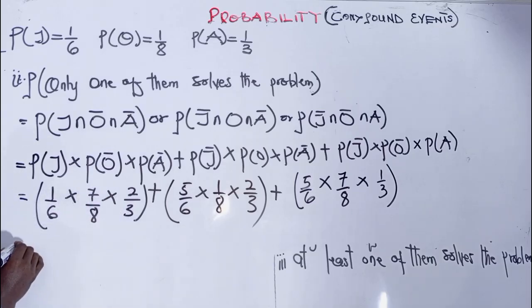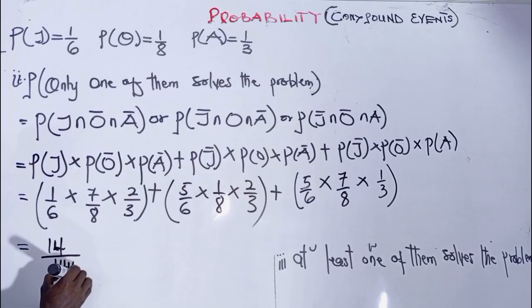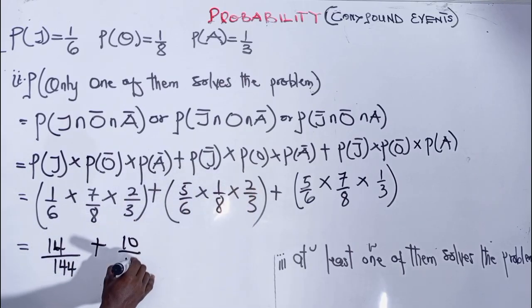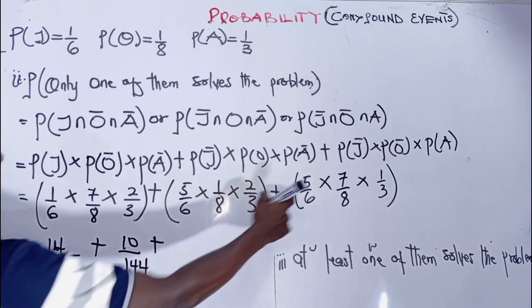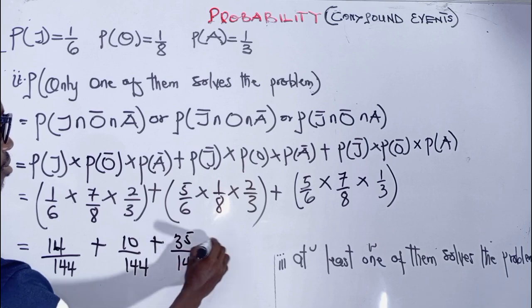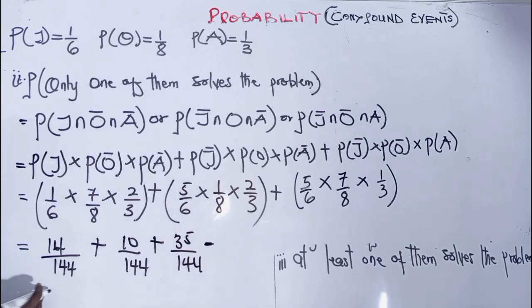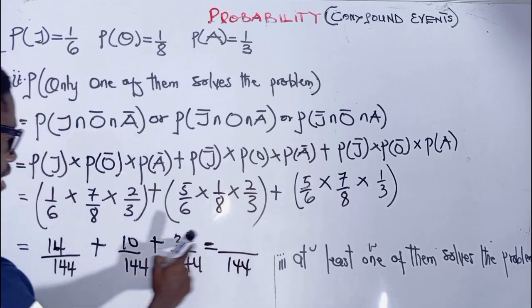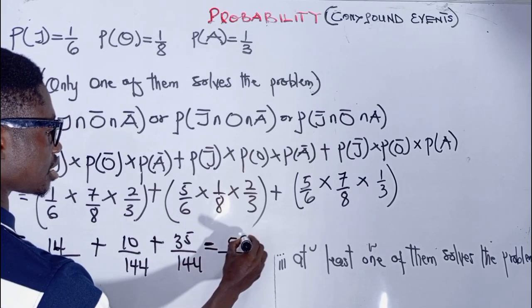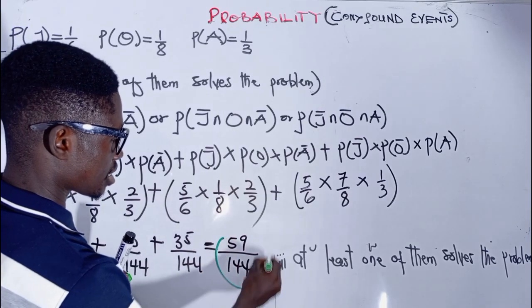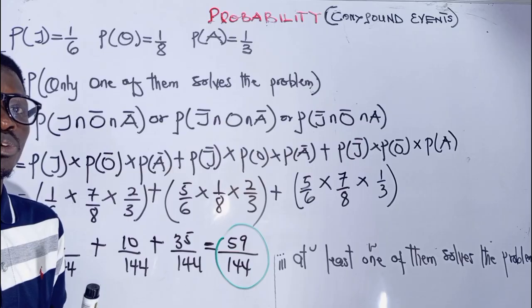So the top, 14 all over 144 plus, this will give us 10 all over 144 plus, this will give us 35 all over 144. Since the denominators are the same, we can pick one of the denominators, 144. We add the numerators, that is 59. So the probability that only one of them solves the problem is 59 all over 144.